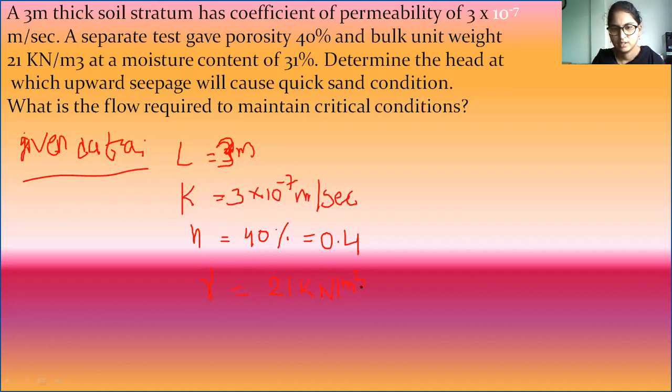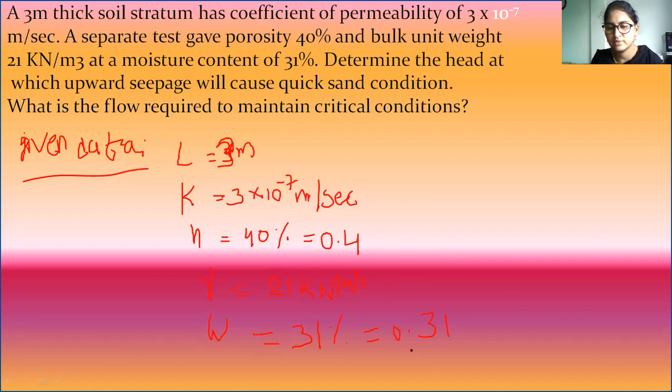Next, moisture content. What is the symbol of moisture content? w is equal to 31%, that means 31 by 100, 0.31. Water content.